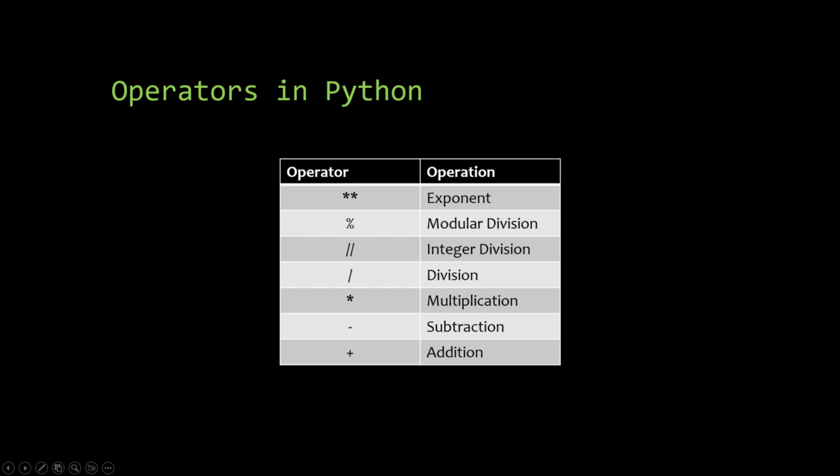Modular division means do the division, but when we're done, I just want to know what the remainder is. It's kind of an odd thing, but we use it a lot inside loops whenever we're trying to find a certain number of processes.